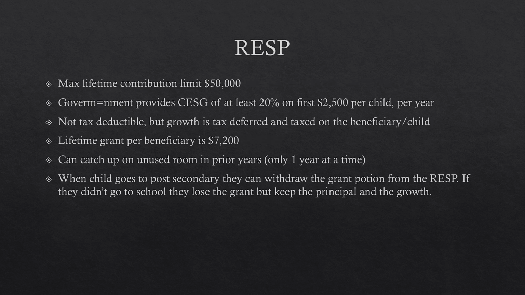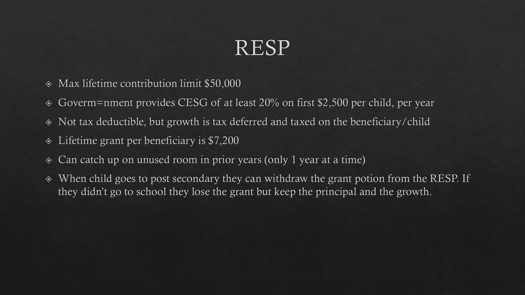There's also the RESP, so this can be helpful to save on some taxes and just really helpful in general for saving for children's education. So you have a max lifetime contribution of $50,000. The government provides the grant portion of at least 20% on the first $2,500 per child per year.